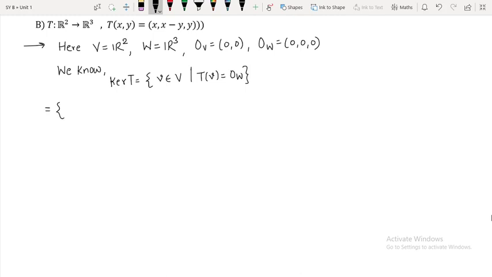which is further equal to, which notation for V? Whatever is given in the question naturally.